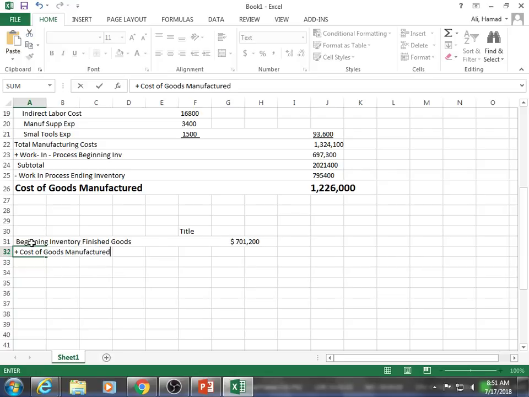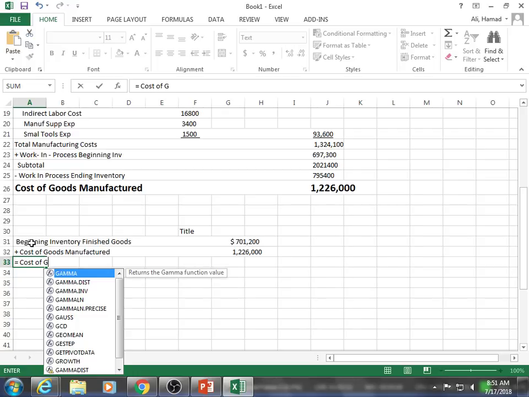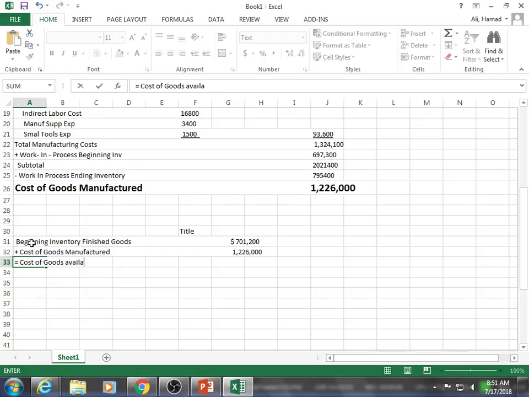In this case, how much is cost of goods manufactured? 1,226,000. And that gives us cost of goods available for sale. So I'm going to put the equal sign. Cost of goods available for sale.